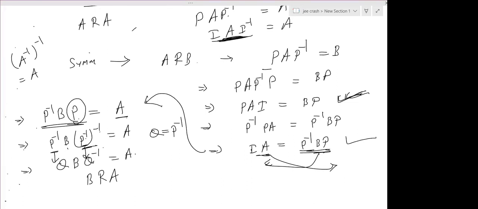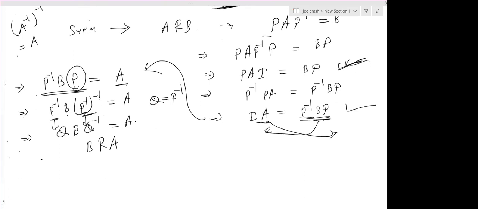Everyone, this is transitive. How to check?